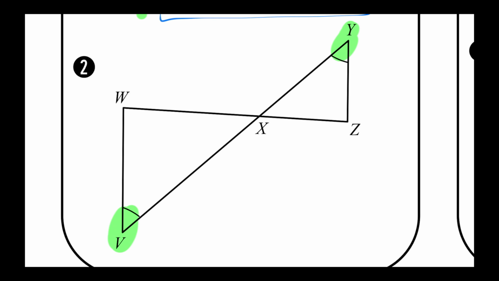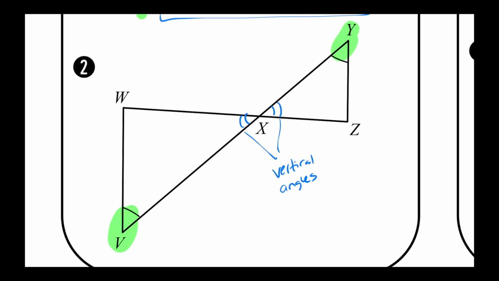Very good. Okay. And what do we know about vertical angles? There has to be something that's true that helps us with this. They're congruent. Good job. So that means this angle right here and this angle right here are congruent because they are vertical angles.